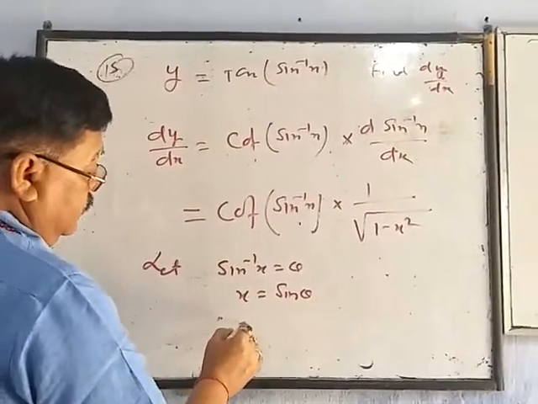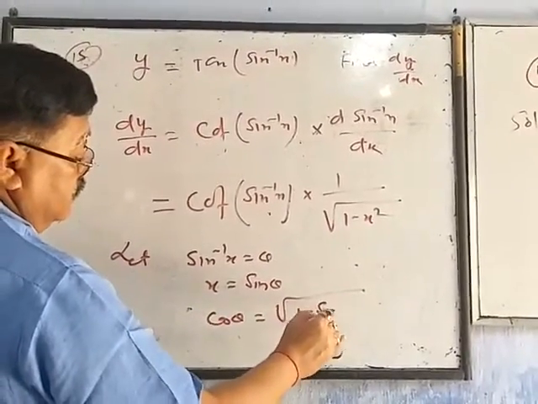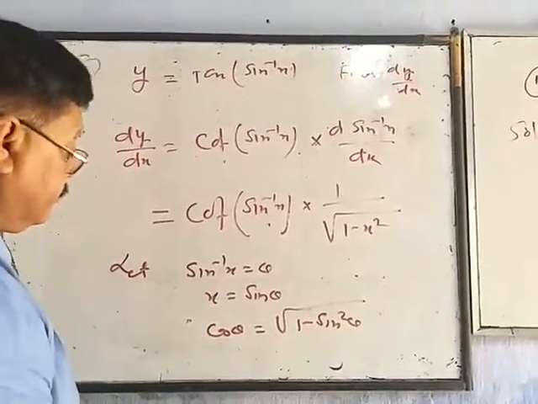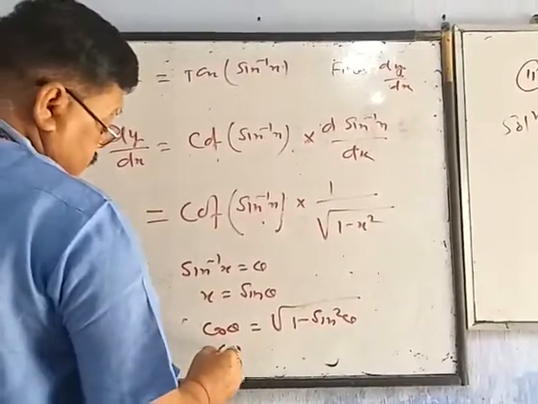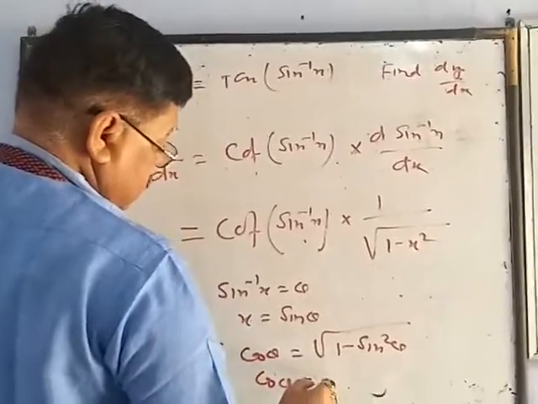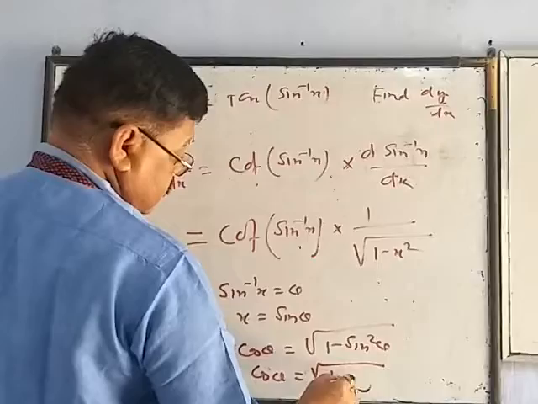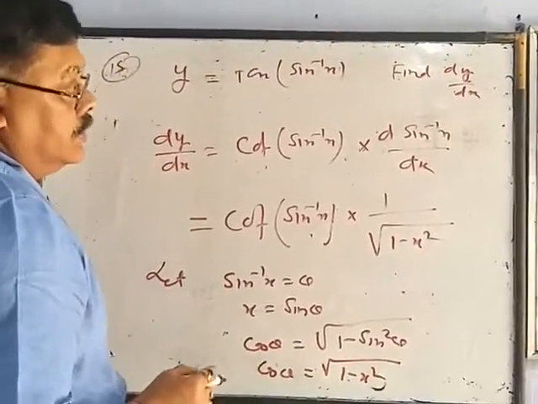X is sine theta. So cos theta is root over 1 minus sine square theta. So cos theta is root under 1 minus x square. This is the value of cos theta.